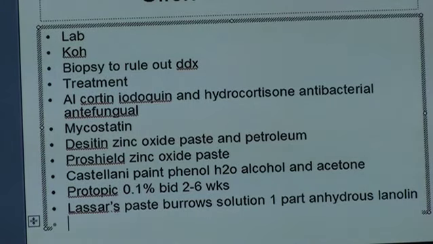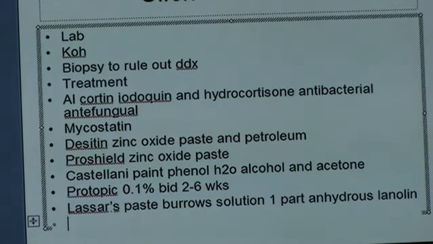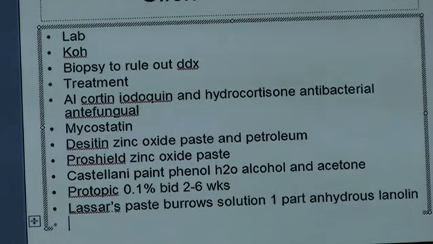You could write out Lassar's paste if they have it, then underneath it, say one part, and you have to write down how much you want. Depending on that, you have to work out a mixture that you might like. It has some salicylic acid, 3 parts.